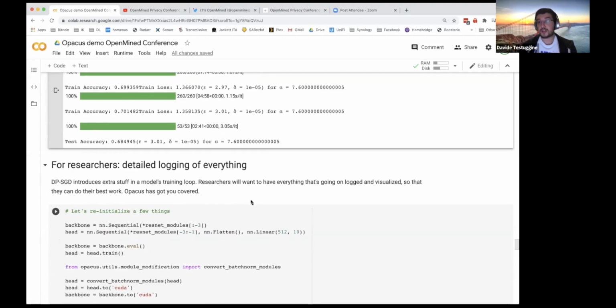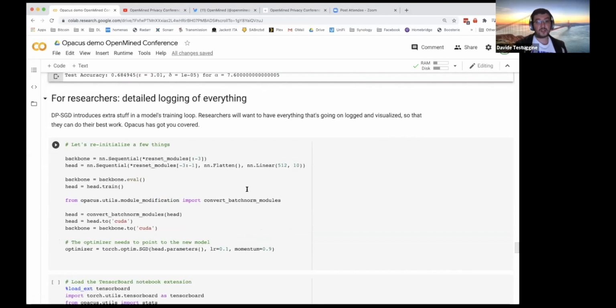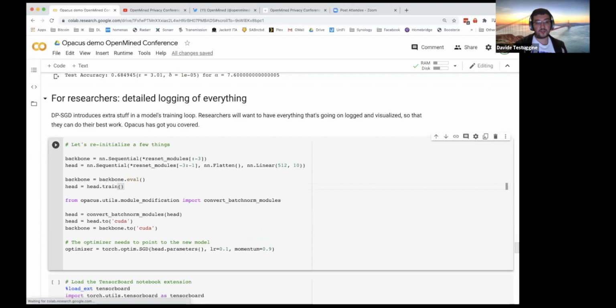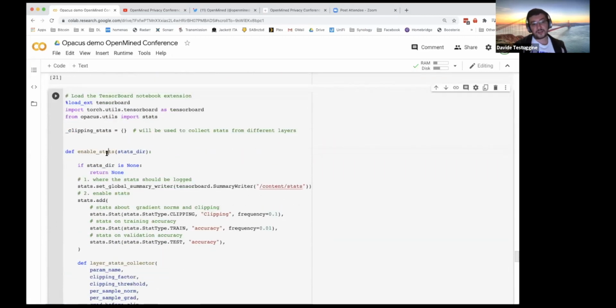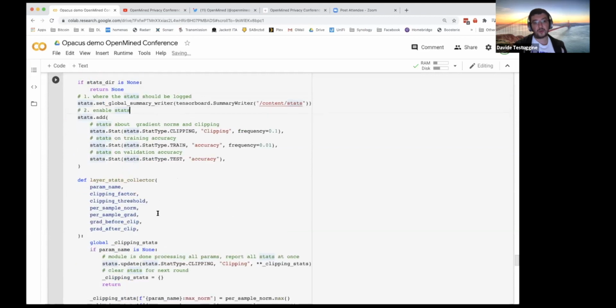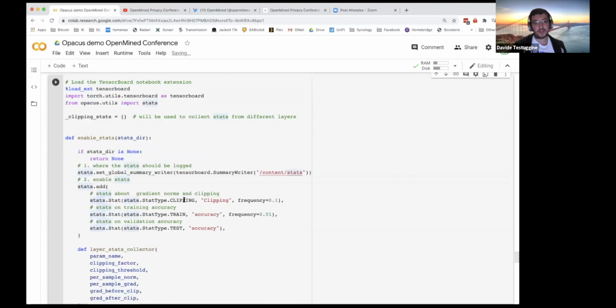The last feature that I wanted to talk about is more for researchers or for the curious. The privacy engine allows you to specify a stats function that allows you to collect stats from a layer.